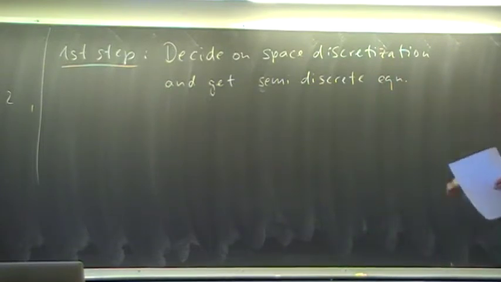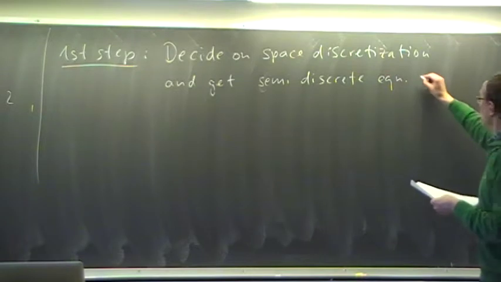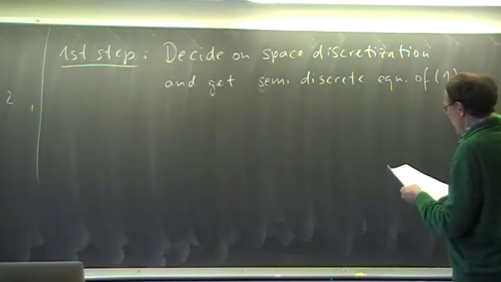Semi-discrete means half discrete, because the space is discrete, we have discretized space, but the time is still continuous. We get then this for equation 1.